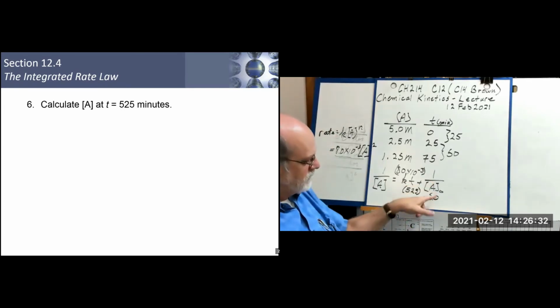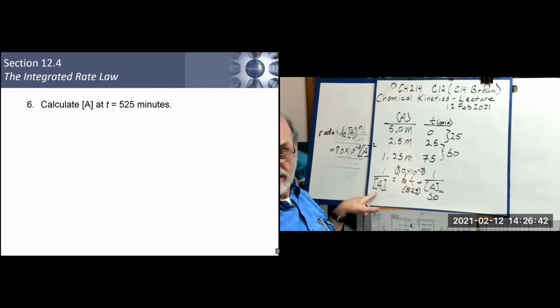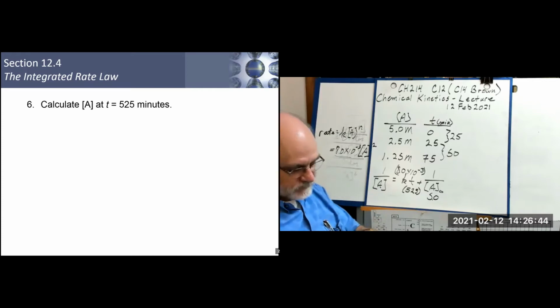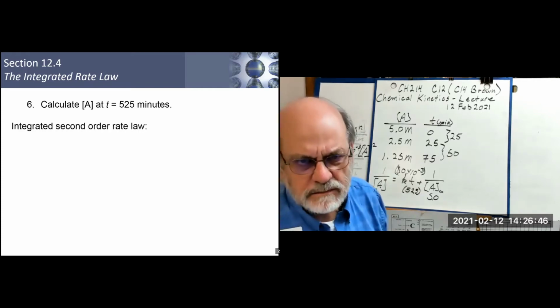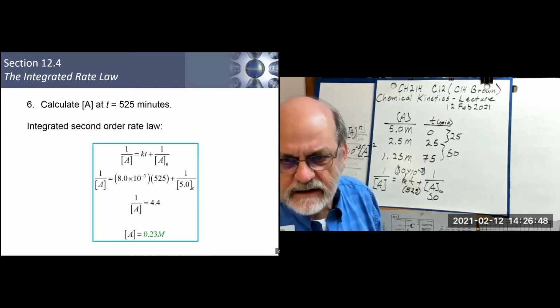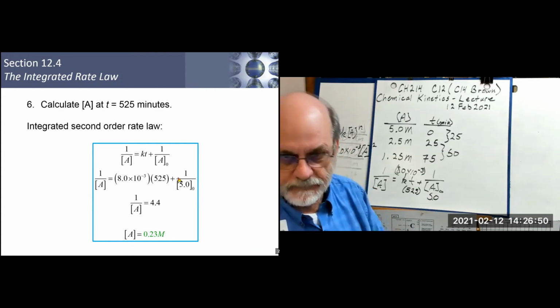We say divide 1 by 5 is 0.2. And then multiply this times that plus this, and then take the reciprocal. And you got A. There you go.